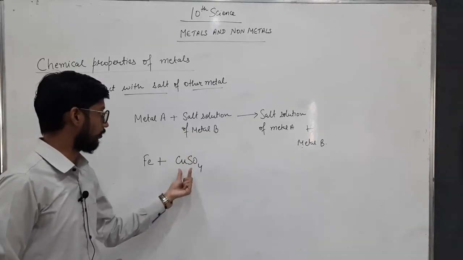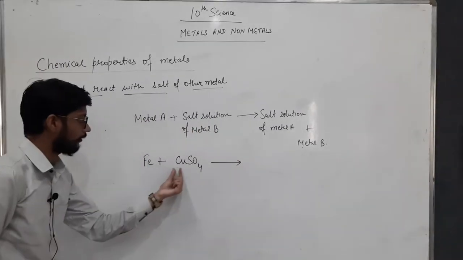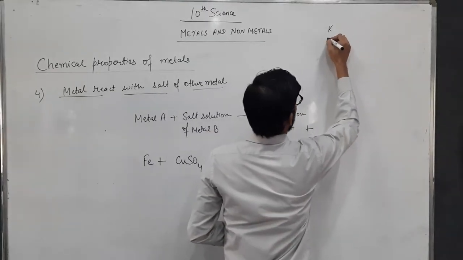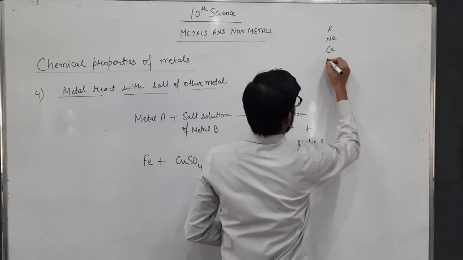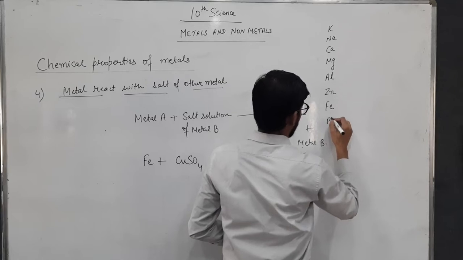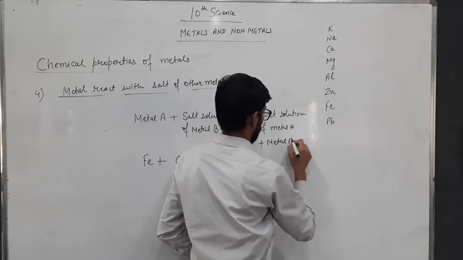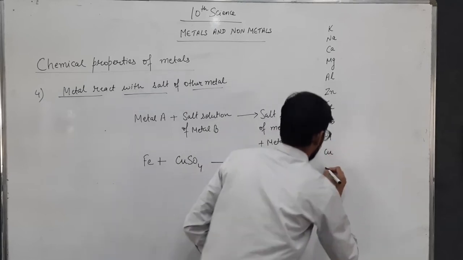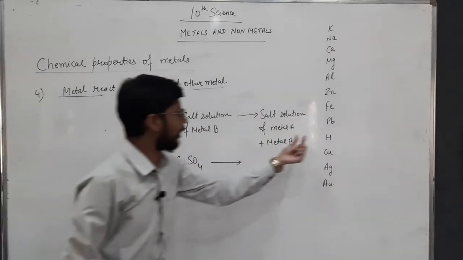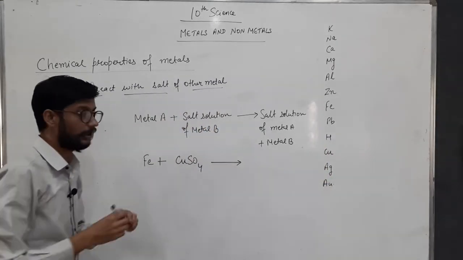So see, since iron is more reactive than copper in the reactivity series, iron comes here and copper comes here. So iron is more reactive than copper. So this iron will displace copper.